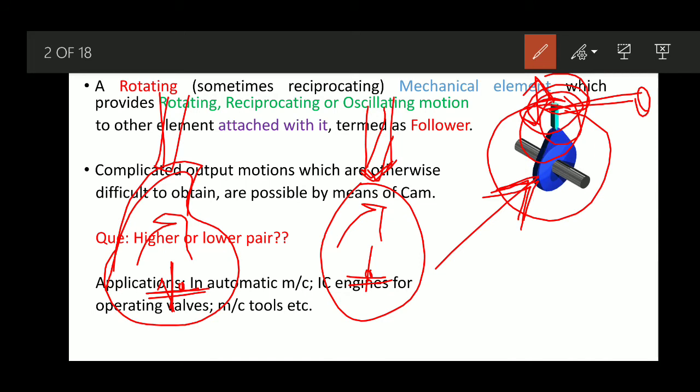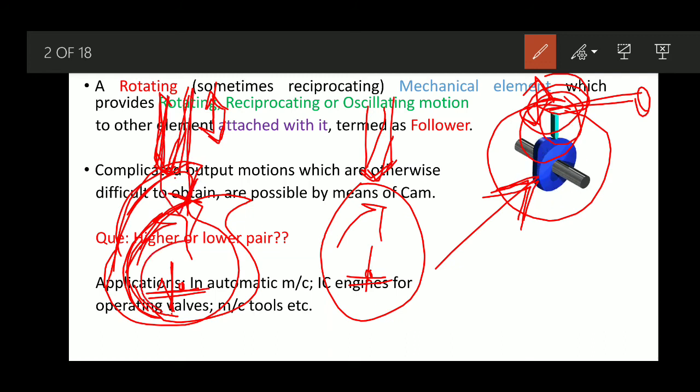Depending on the position of the cam at a particular point in time, the contact of the follower will be along the cam surface, and based on that position we get the movement of the follower. Suppose it is here; after some time, when the cam rotates and assumes this position, the follower will come down to this position.